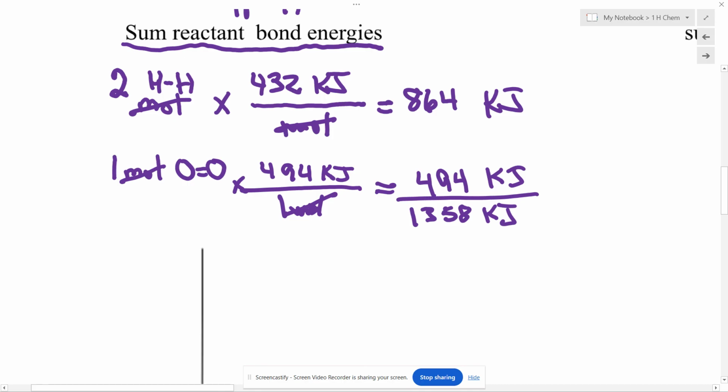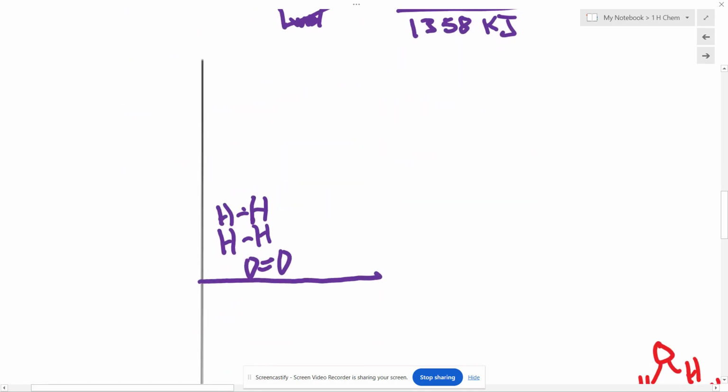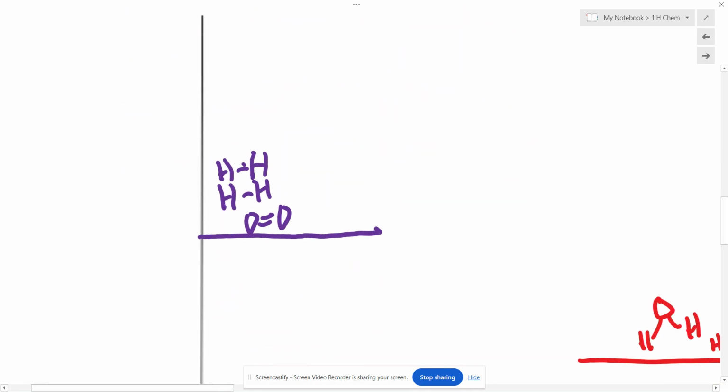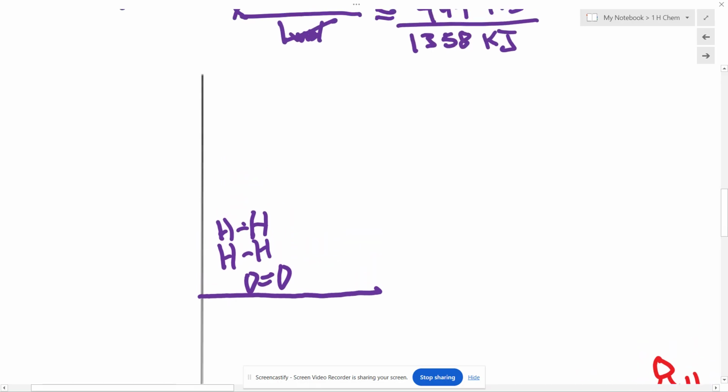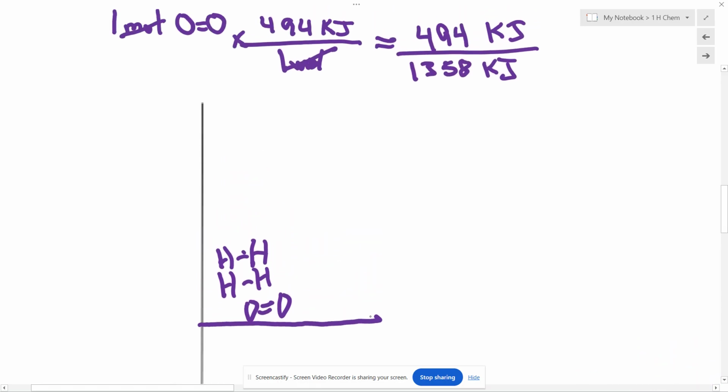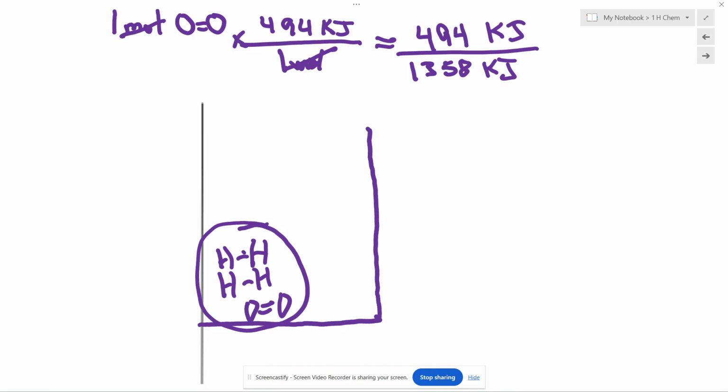So in order to get this reaction started and to keep it going, for this 1 mole of this one reaction, we have to put in that much energy. And so we would say we increase the amount of energy of the system. So keep in mind, this is simply a system of chemicals that are residing inside that balloon.